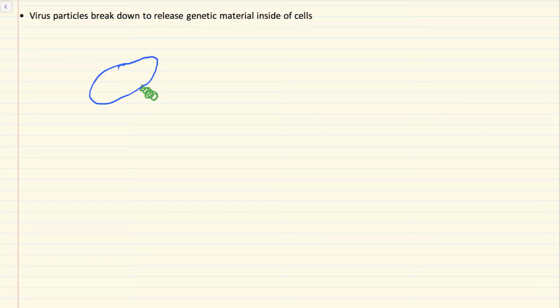The rod virus attaches itself onto the outer layer of the cell, and the protein capsid disintegrates, which allows the genetic material of the virus to enter the host cell.